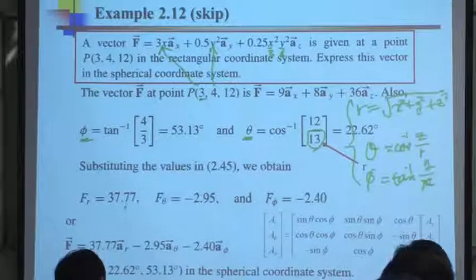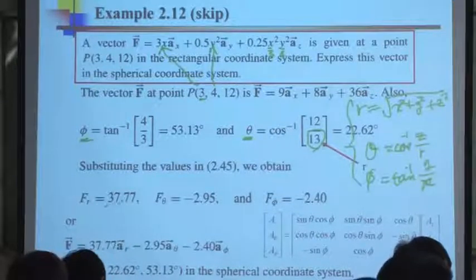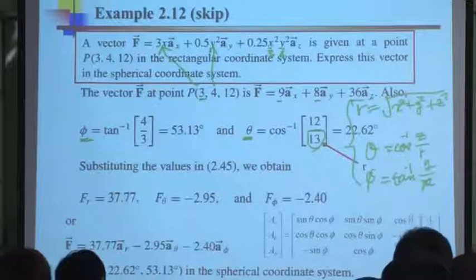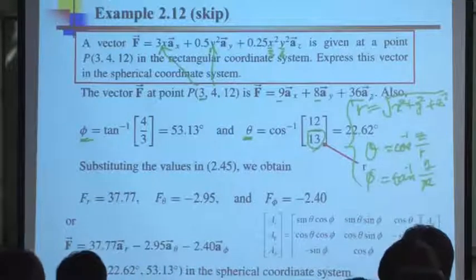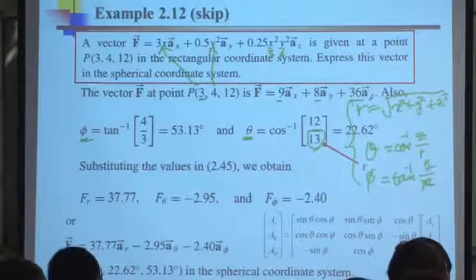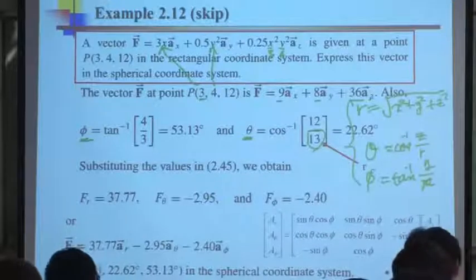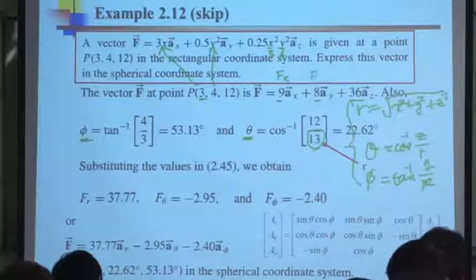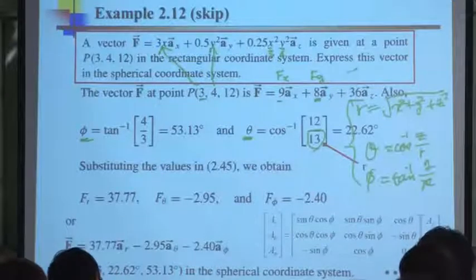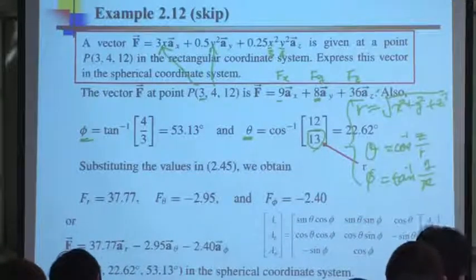Then you can calculate f. It is the same as this, in x, y, g coordinates. And then now you know this line is fx, fy is 8, and fg is 36.